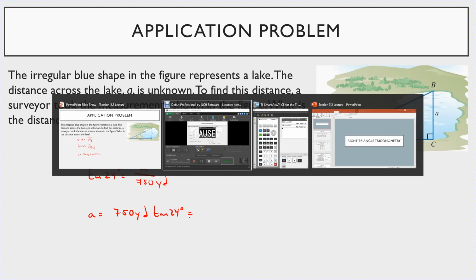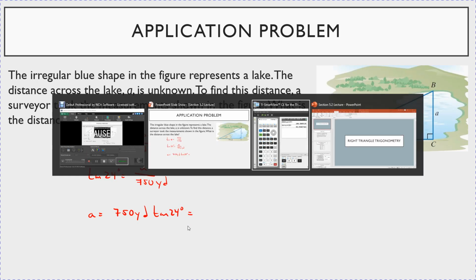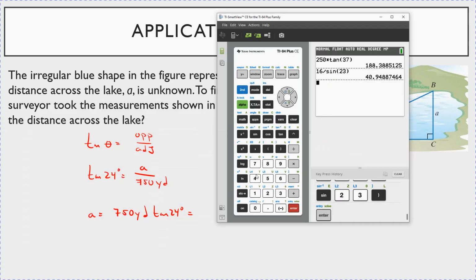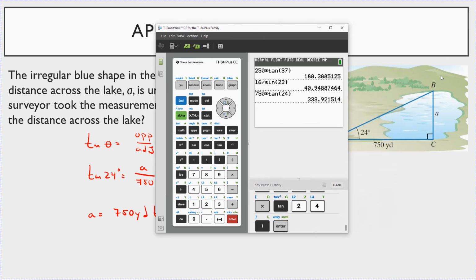Well, grab your calculator. 750 times tangent of 24. And look, what we're saying here is the length of this lake here, and I'm going to round it to 2 decimal points, is 333.92 yards.